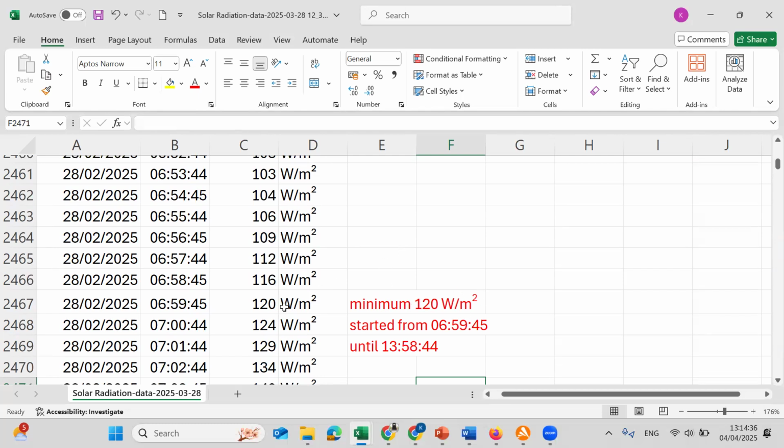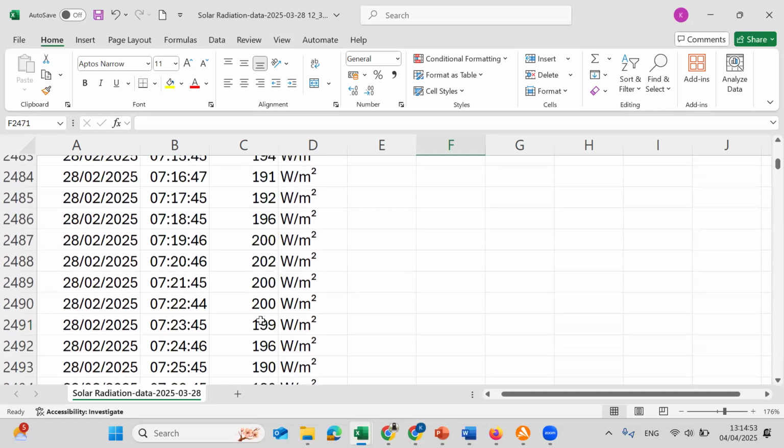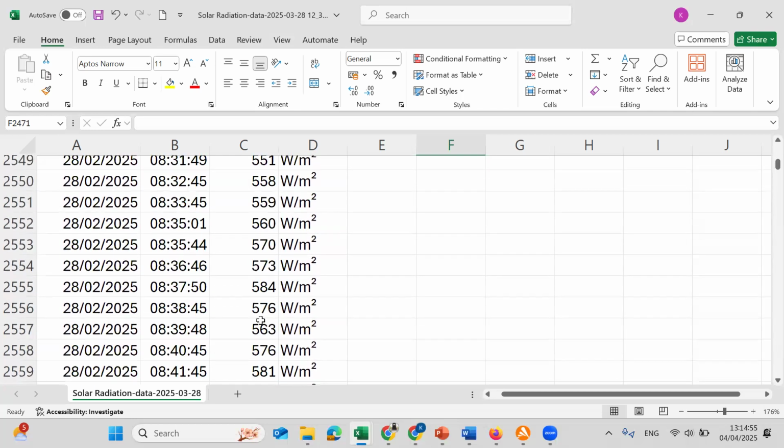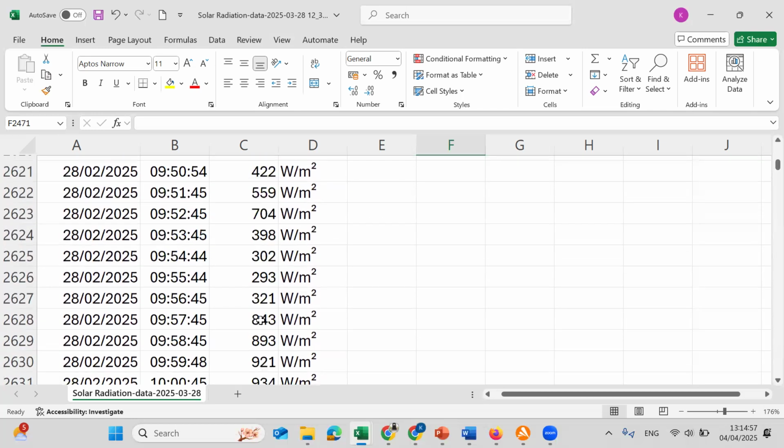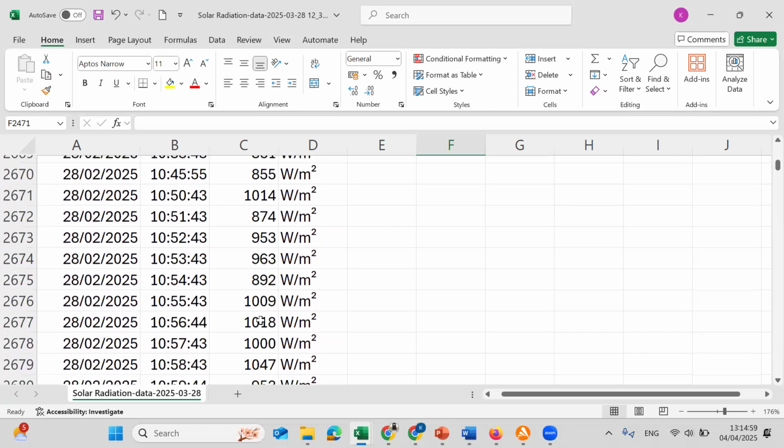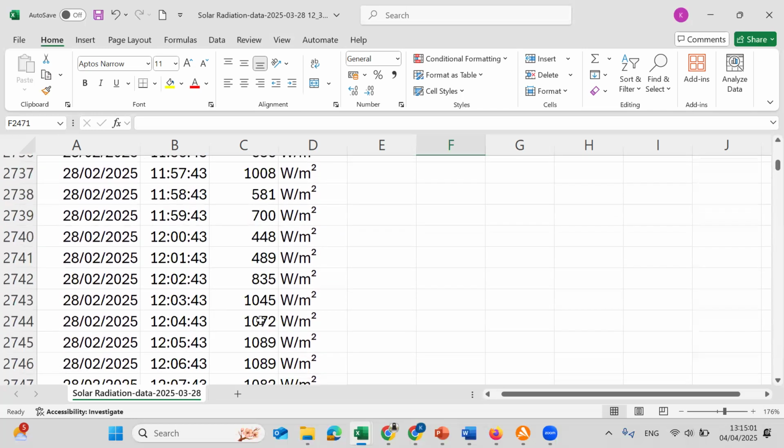So the duration starts from here because it should be minimum 120 watts per square meter. It starts from 6:59 a.m. And then we should observe one by one until it is no longer minimum 120.